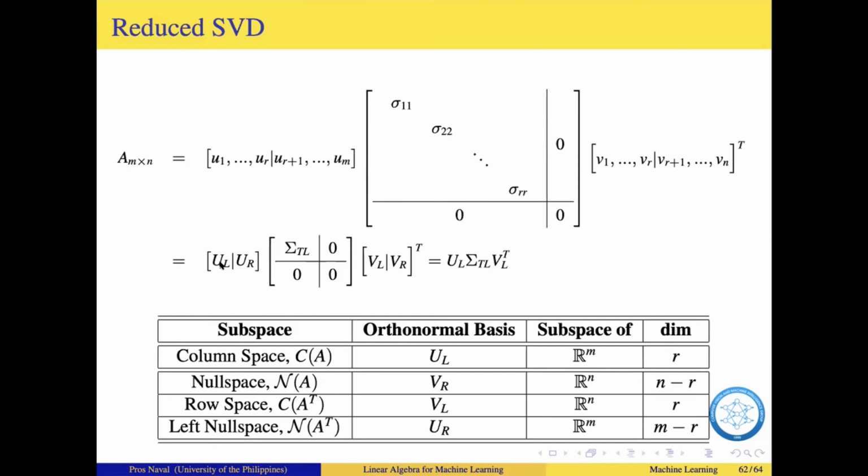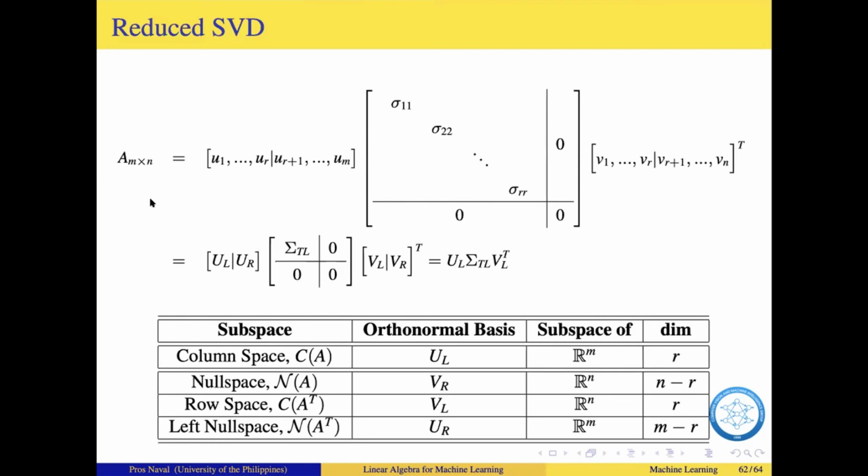So now we have this decomposition. U is UL and UR, V is VL and VR. Don't forget the transpose here. When you transpose this, the rows become columns and the columns become rows, so be careful with that. And then of course you have your sigma TL here, the top left submatrix of your sigma matrix, and all these are zeros.